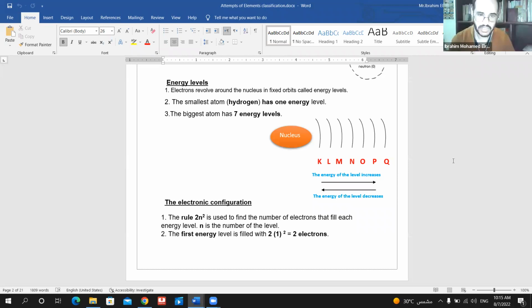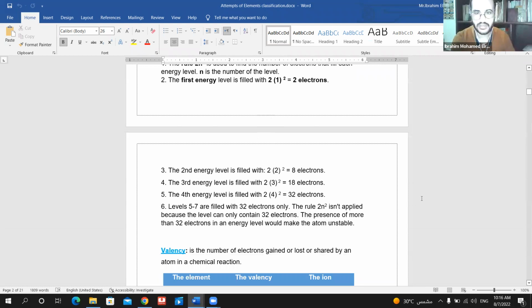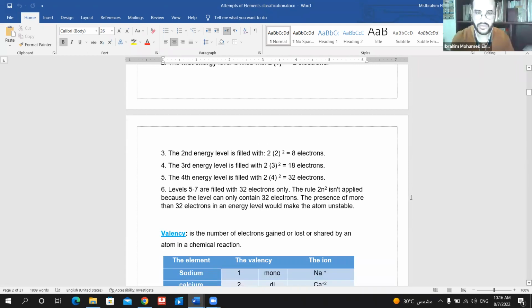We have a rule, 2n^2, where n is the number of the energy level. For example, for energy level number 1, n equals 1, so 2n^2 equals 2, and so on. This rule does not apply for energy levels number 5, 6, and 7, because they are all filled with 32 electrons only.